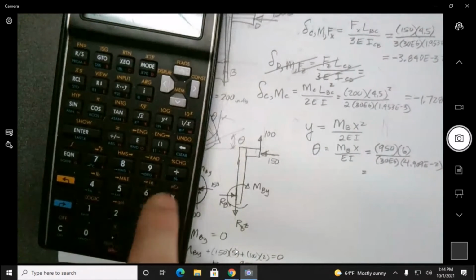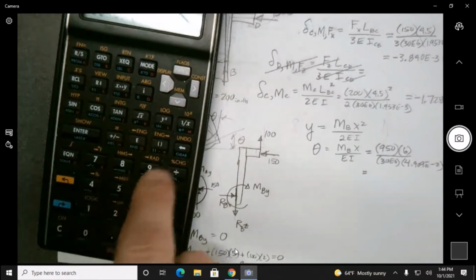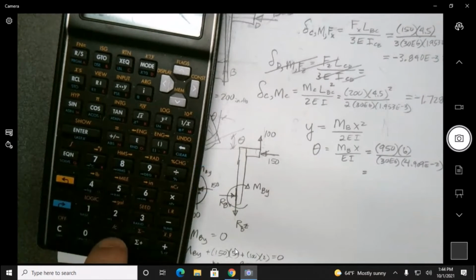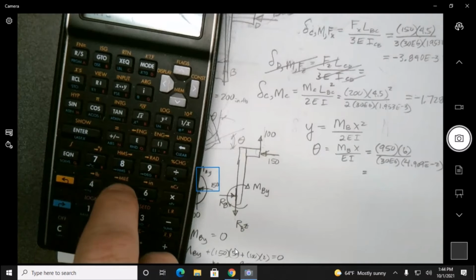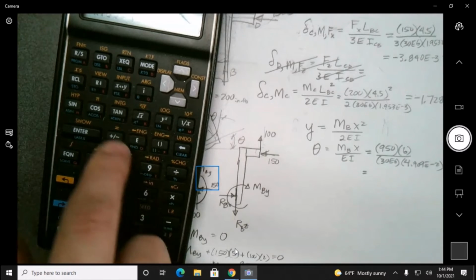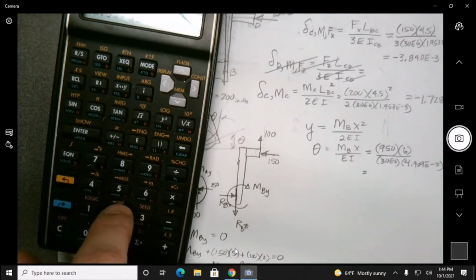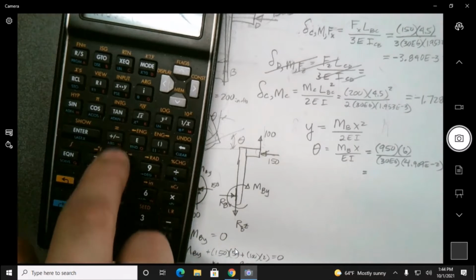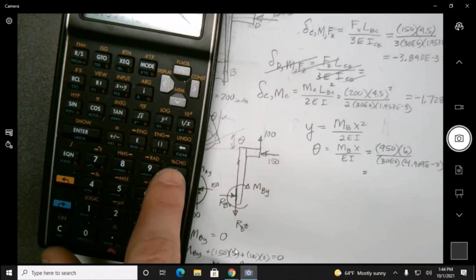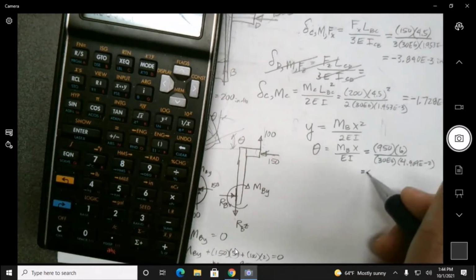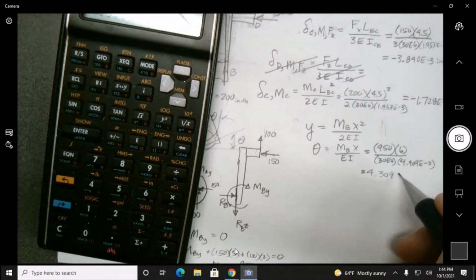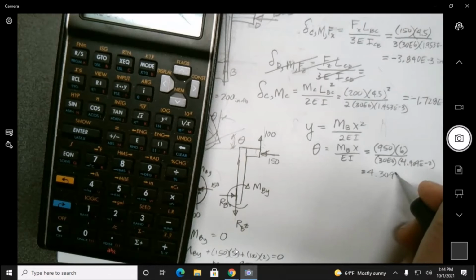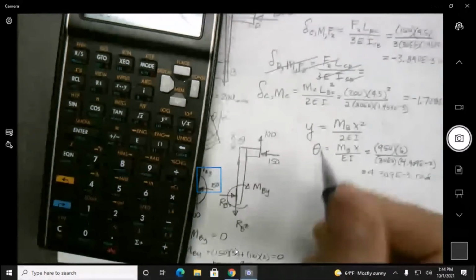So 950 times 6 divided by 30E6 and 4.909 E minus 2. We get 4.309, that's good enough, E minus 3 radians.